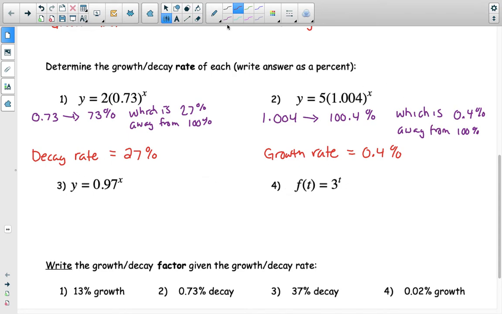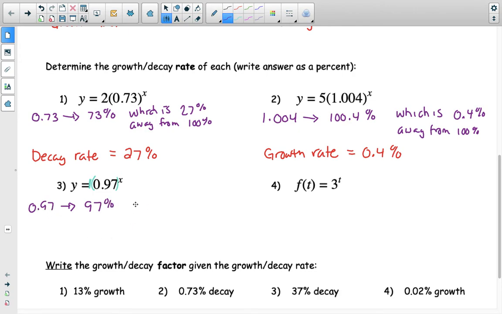So again, if we look at number 3, this is in parentheses, and we have a 1 times it on the outside. Our a value would be 1. So we look at our factor, which is 0.97, and we turn that into a percentage, which is 97%, because we move the decimal twice to the right.